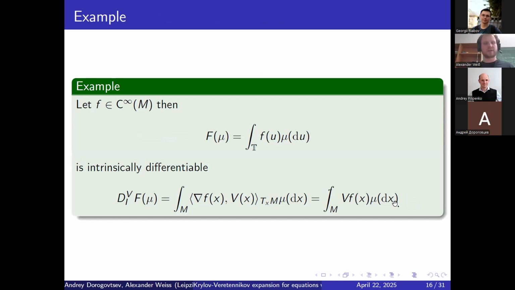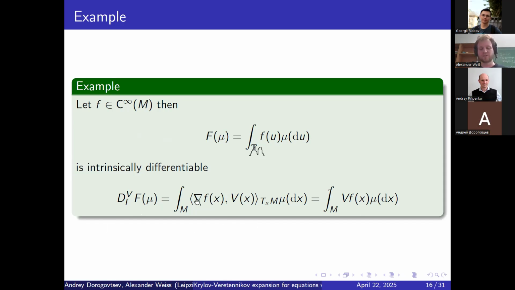So let me just continue with a classical example where we have a function mapping from the manifold to R. And our functional would be just this integral. I'm sorry, this should be an M, not a T. So this is the integral over M. This is intrinsically differentiable, and one can directly compute this directional derivative.